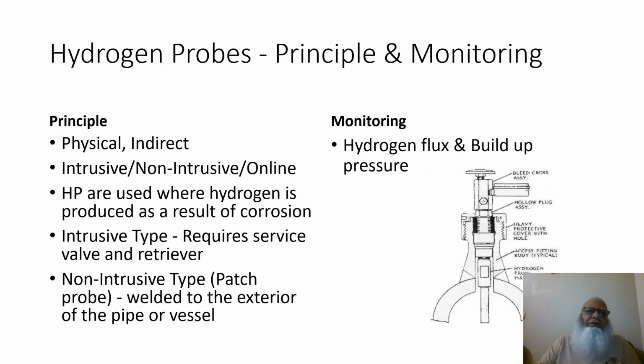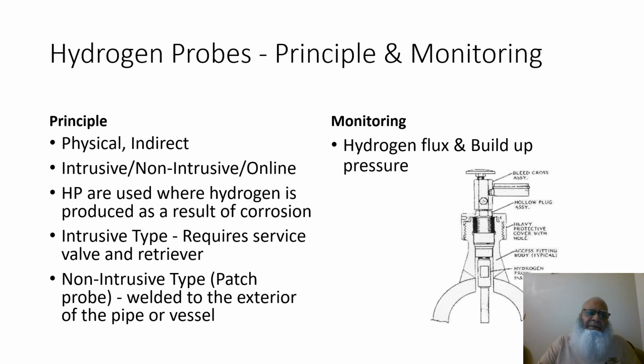This slide shows the hydrogen probe monitoring technique, its principle and monitoring. Its principle is a physical, indirect technique, intrusive or non-intrusive, online. Hydrogen probes are used where hydrogen is produced as a result of corrosion. The intrusive type requires a service valve and retriever.